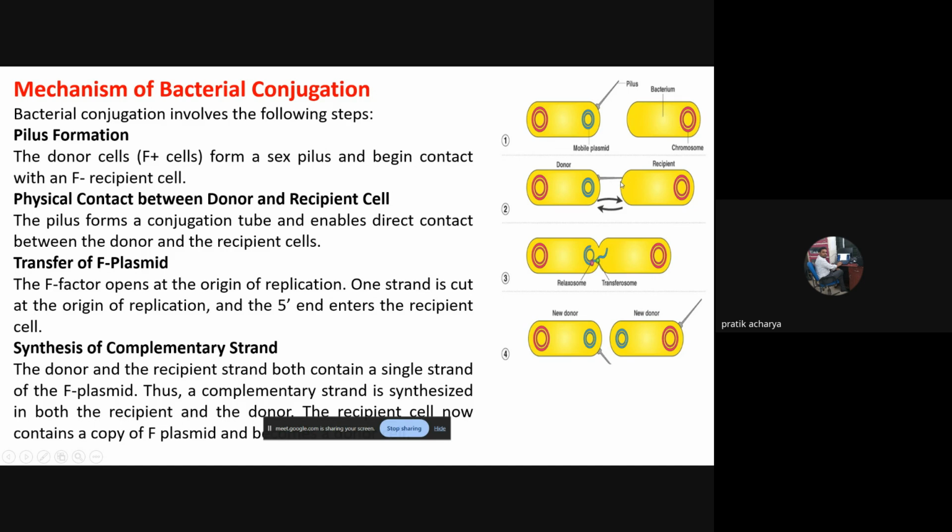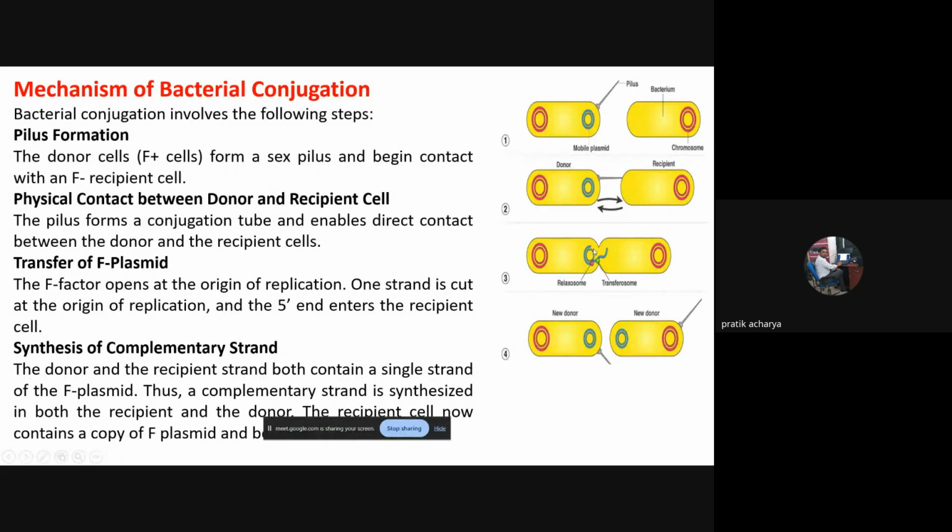The mating bridge formed between those two cells helps in transfer of DNA. The F plasmid is cut and nicked at a specific site, which is called the origin of transfer, or oriT site, and a single strand of F plasmid DNA moves into the recipient.